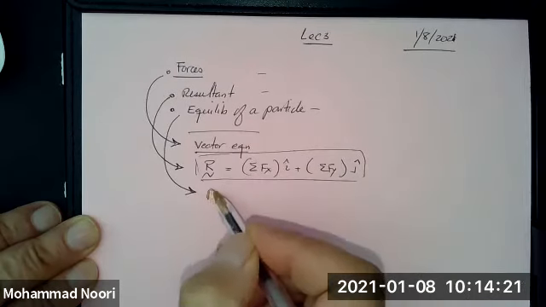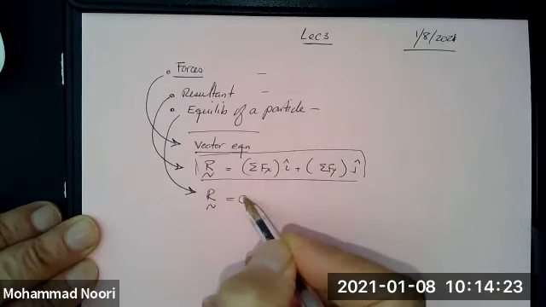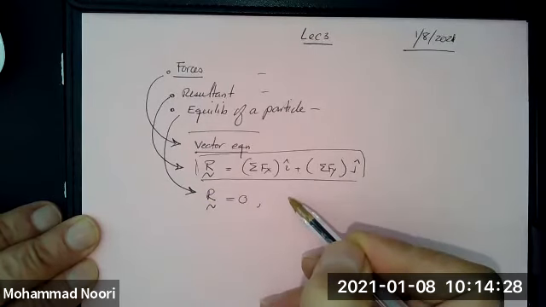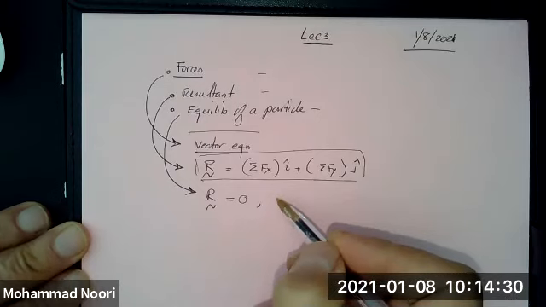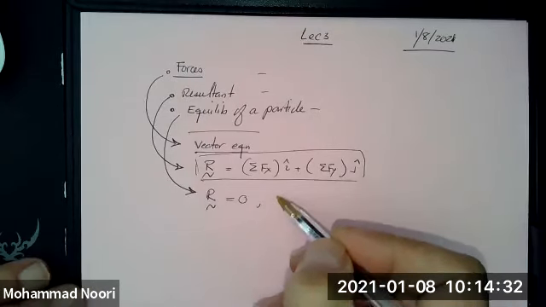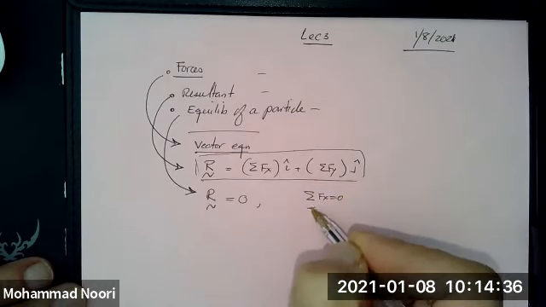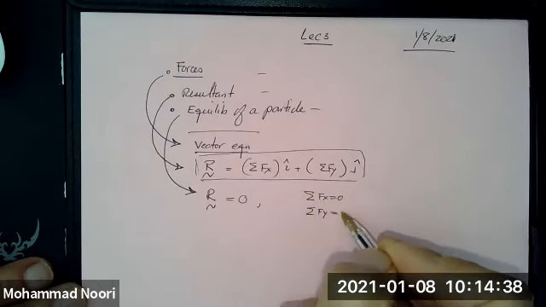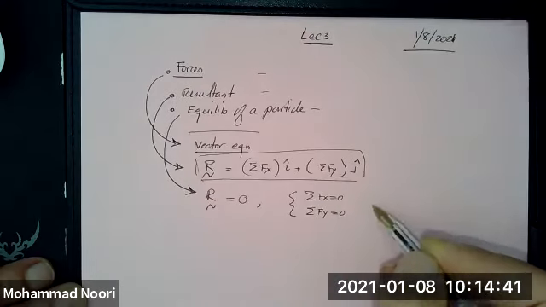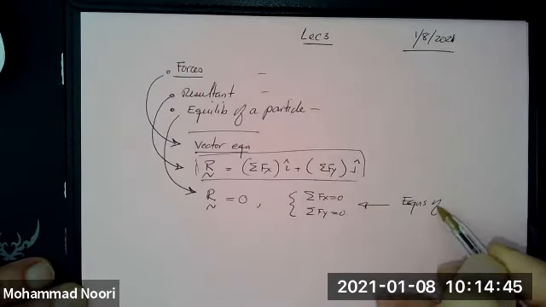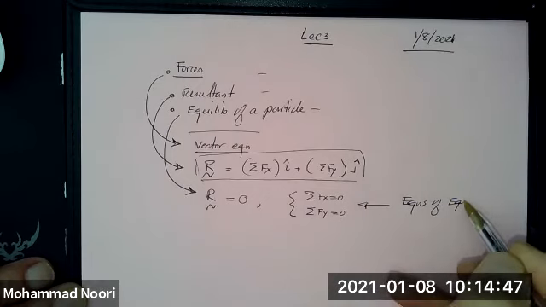And if the resultant is zero, that means the object, or in this case the particle, is at rest. That implies that the sum of the x components and the sum of the y components have to be zero. And we call these equations of equilibrium.